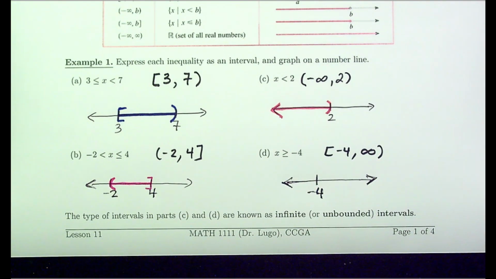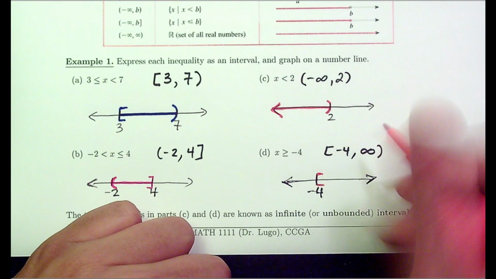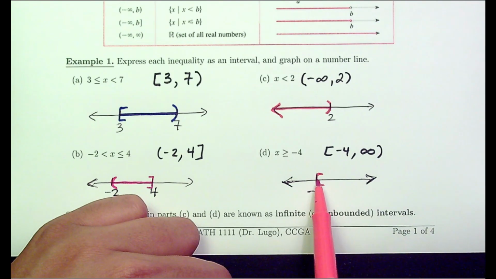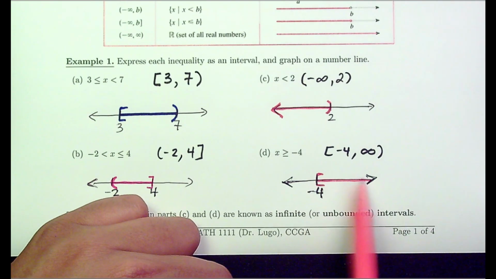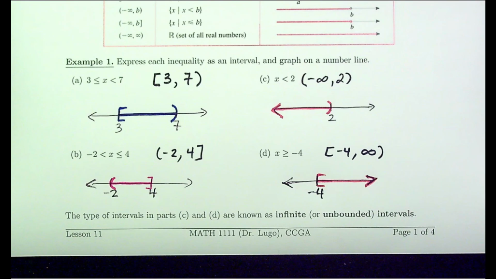And I want to include -4. So I'm going to draw a bracket. And I want all the numbers to the right of that. And that would be the picture for that one.